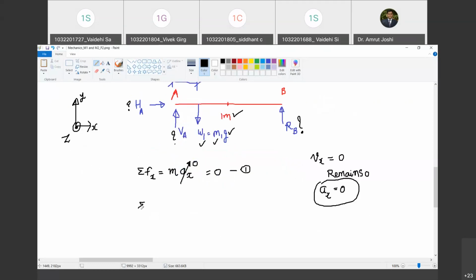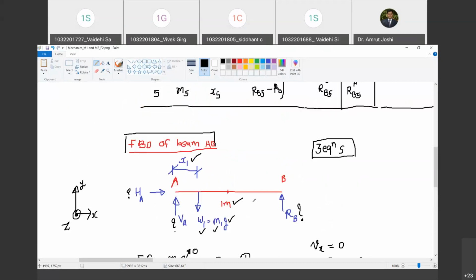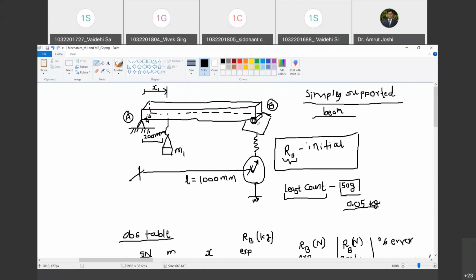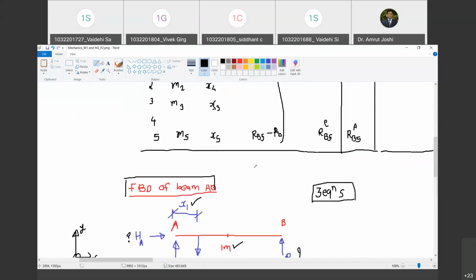Now let us go to the second equation. What is summation Fy? Did this beam move in Y direction during the observation? No. It may have moved a little, the spring may have compressed slightly, but after that it has come to rest. Do you agree with me? Yes, sir. So it is not moving in Y direction.